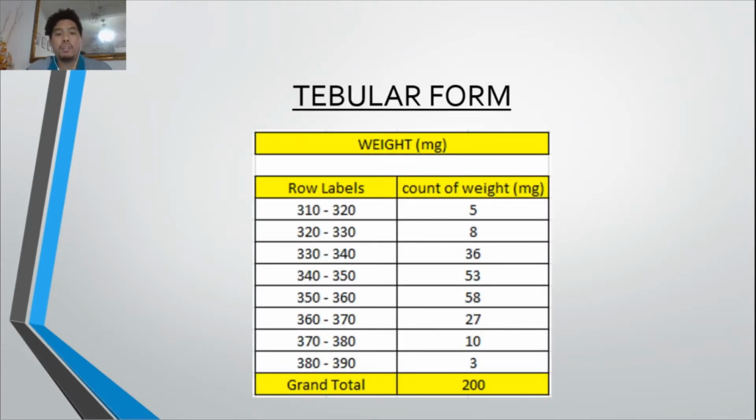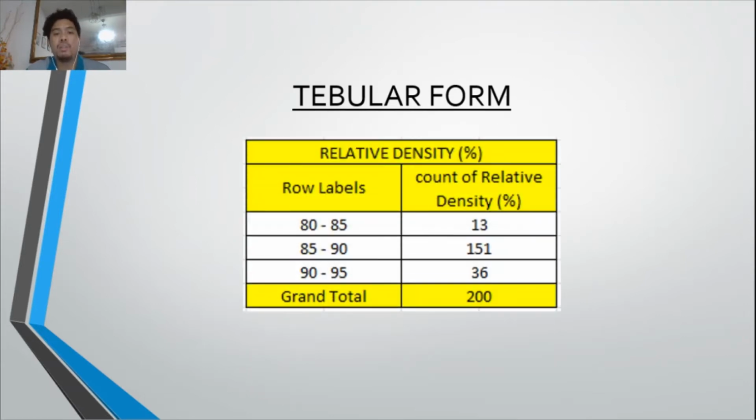For the weight itself, the levels range from 310 to 390. From this table, we analyze that 350 to 360 has the highest count of weight, which is 58. For the relative density, from the 80 to 95 row levels, we conclude that 85 to 90 shows the highest relative density, which is 151.